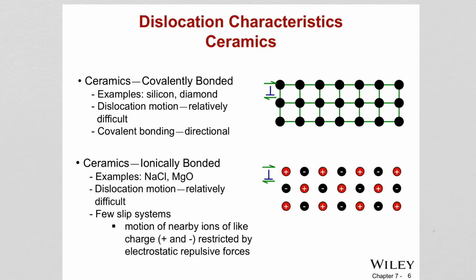And remember, there are ions, right? Positively and negatively charged. If you try to slide one layer over another, these negative charges have to come together because the planes are slipping over each other.